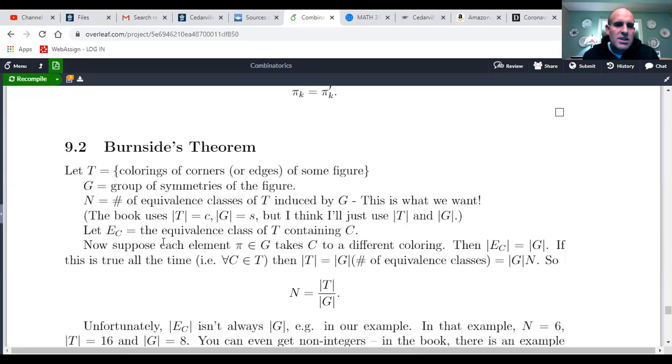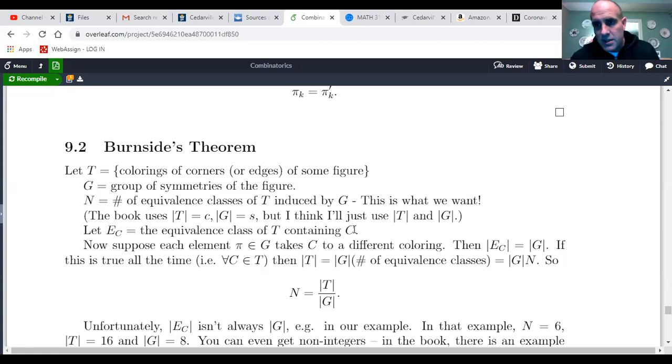E sub C is by definition the equivalence class of T containing C. So E sub C is going to consist of all the things that C is equivalent to, which means there's a permutation that moves me from C to any other coloring that happens to be in that equivalence class. So T is divided up perfectly into these cells of the partition. Each one is an equivalence class of colorings.